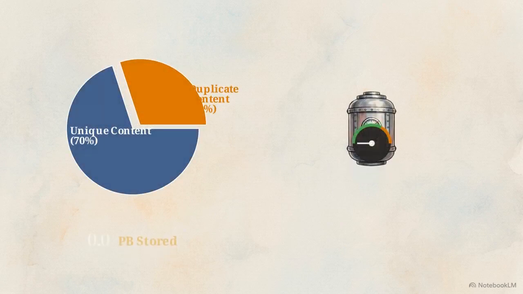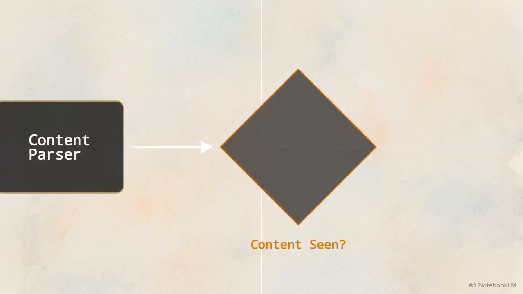Since nearly 30% of web pages are duplicated content, storing every parsed document is mathematically impossible for our 30 petabyte budget. We establish a defensive checkpoint immediately after the parser: the content seen filter. To compare documents at scale, we compute cryptographic hashes of the HTML text.